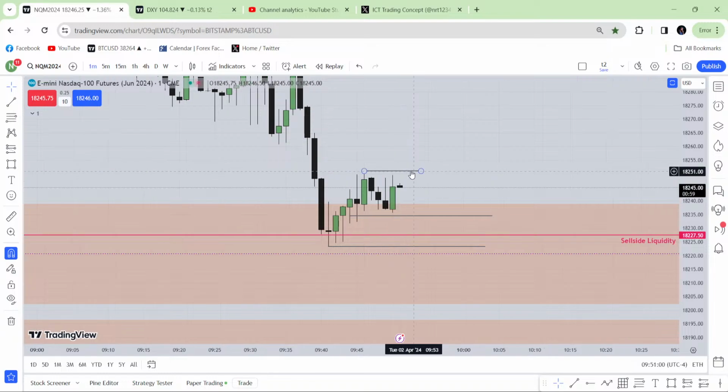I have to see if the market will close above that high. It will work as the order block now.